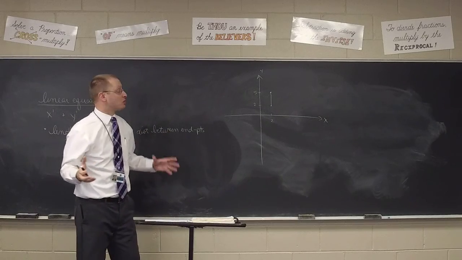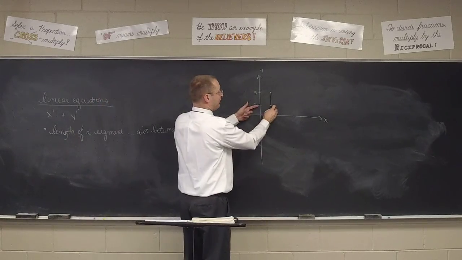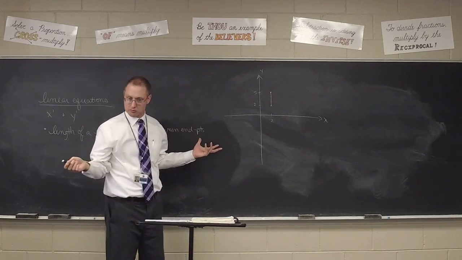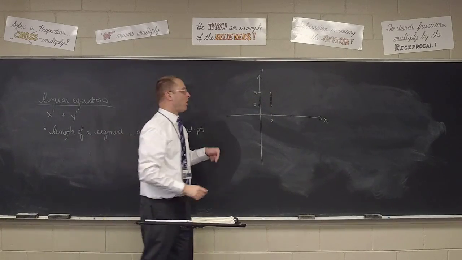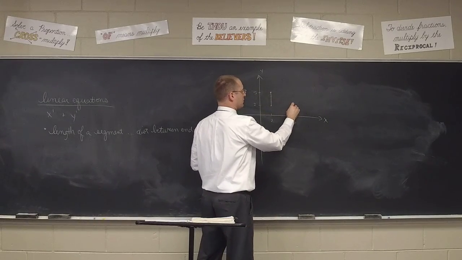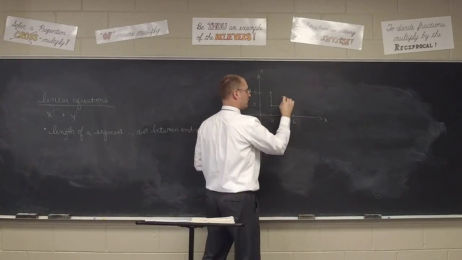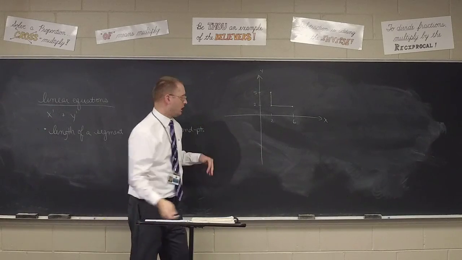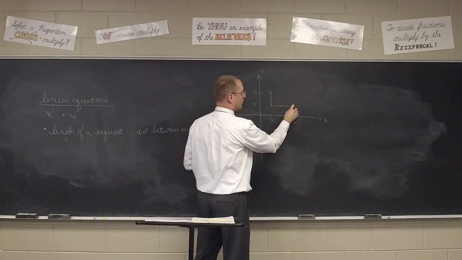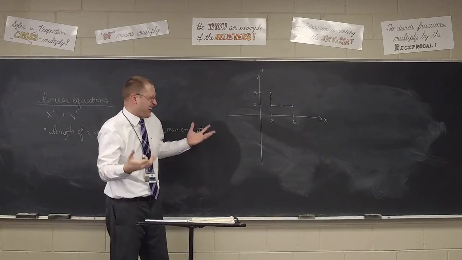That'd be really easy to do, especially if it were on graph paper, because you'd literally just count up 1, 2, 3, right? 3 units long. If I wanted to measure the distance between (2, 2) and (6, 2), that'd be really easy to do, wouldn't it? I could just count for that matter. 1, 2, 3, 4. Right? 4 units. We can count that.